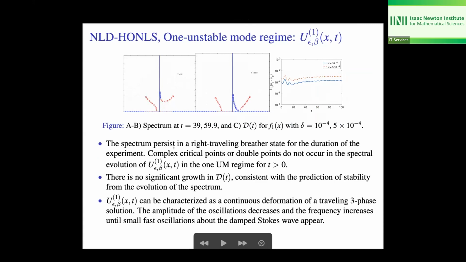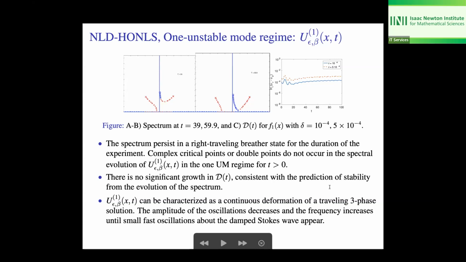So complex critical points or double points do not occur in the spectral evolution of U1 in the one unstable mode regime. And you see that there's no significant growth in D, in that H1 norm of the difference, which is consistent with the prediction of stability from the evolution of the spectrum.